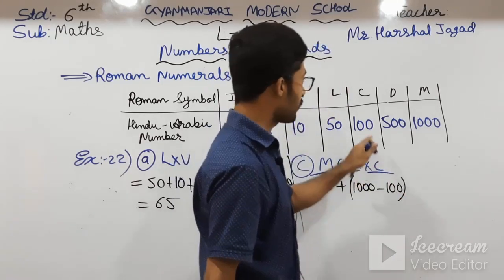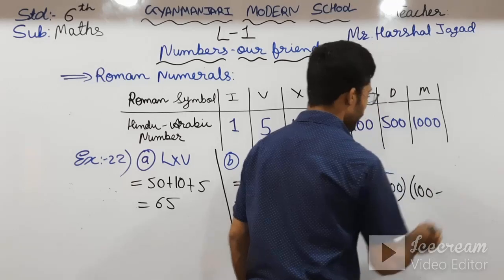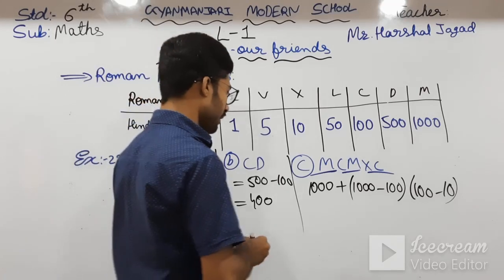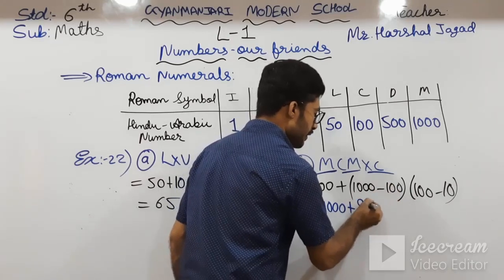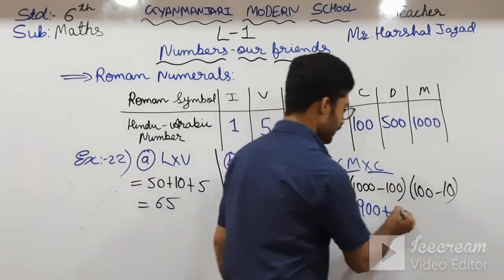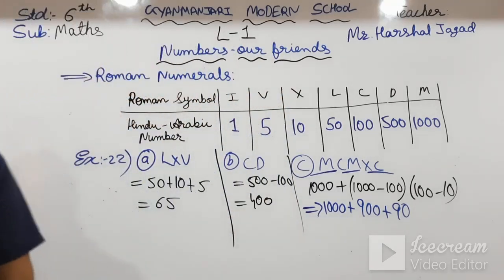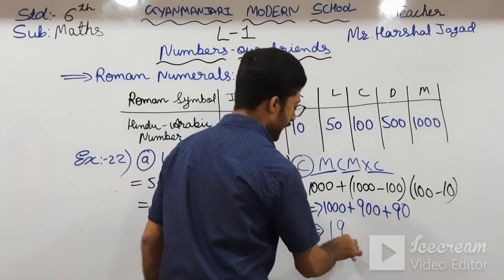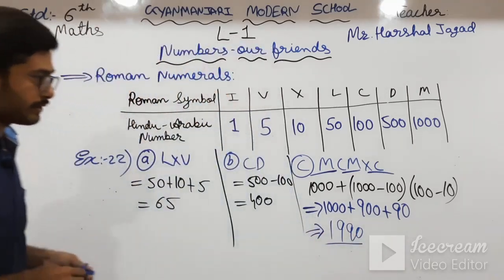Okay students, here also X is smaller than C, so C value is 100 minus X, that is 10. So students, now what will come? 1000 plus 900 plus 90. Okay students, add it. That is 1990. Okay students, this is our answer. Please note down this, students.